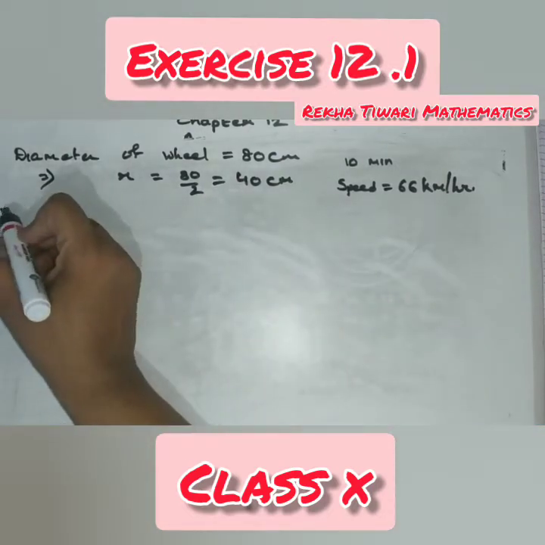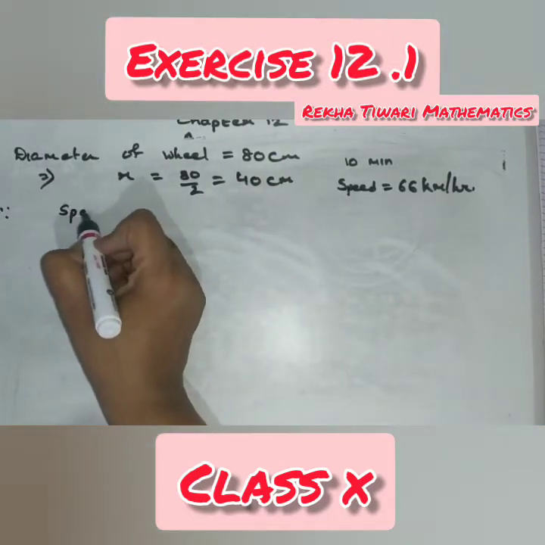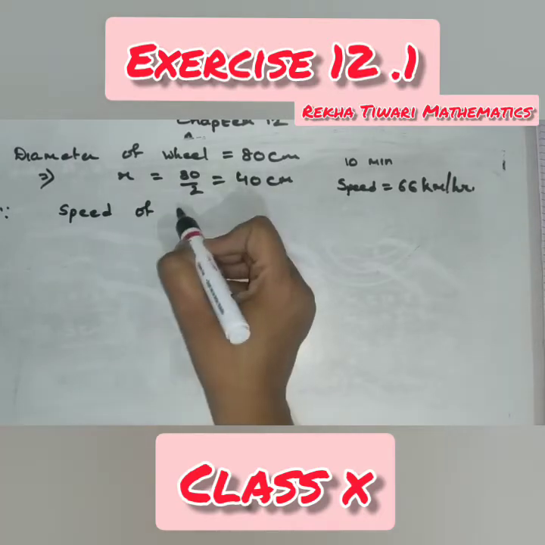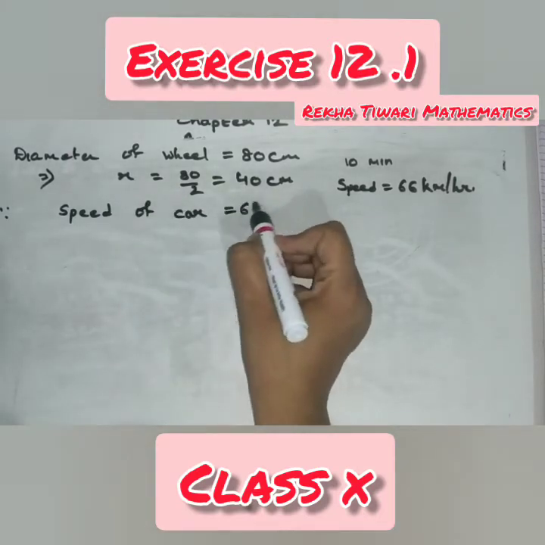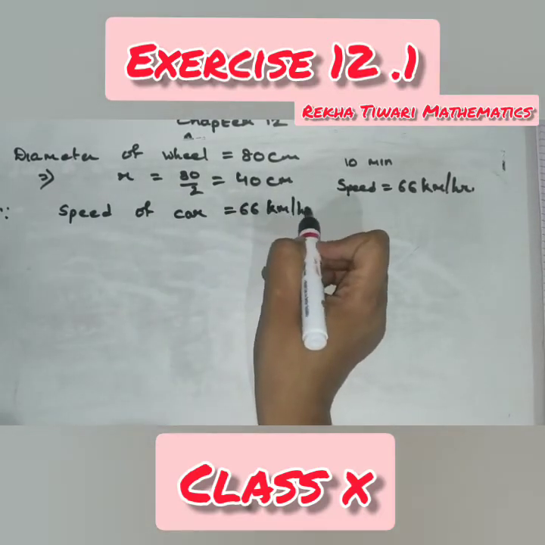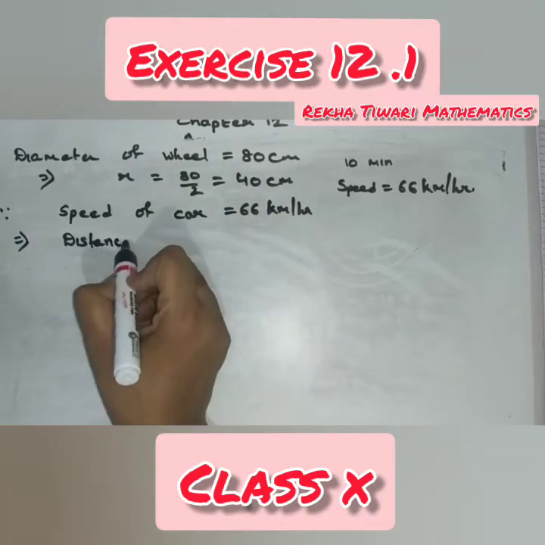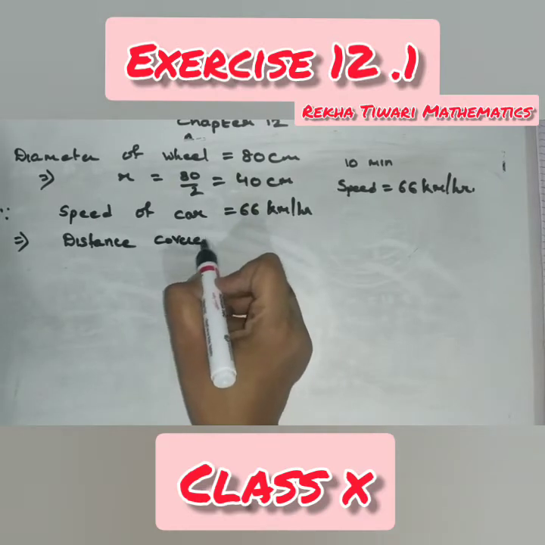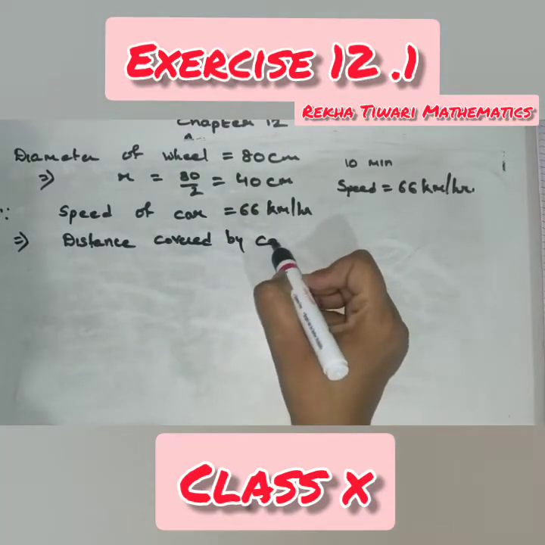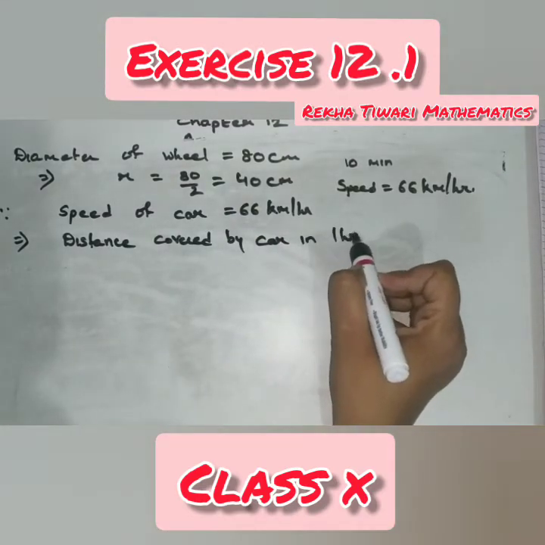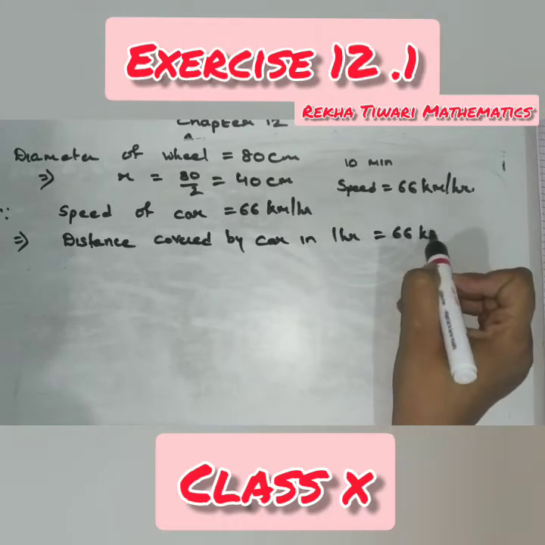Look here, since speed of car is equal to 66 km per hour, this implies the distance covered by car in 1 hour is equal to 66 km.